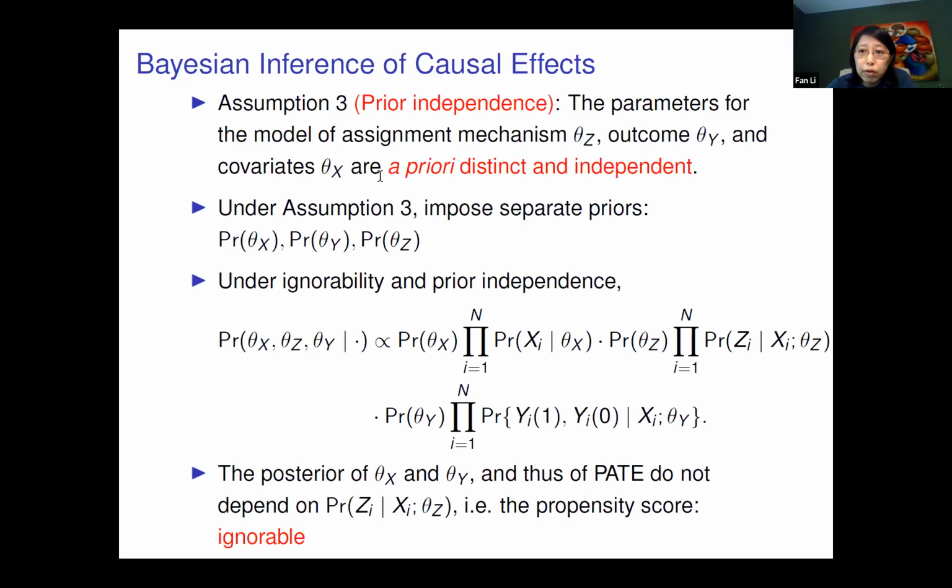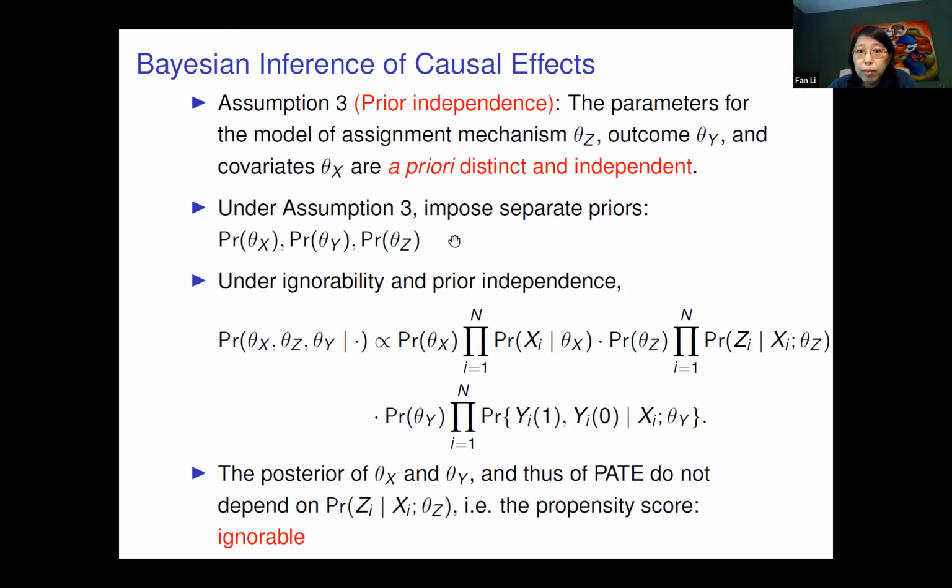This looks like a very minor assumption in my view. It turns out to be actually quite important, particularly in high dimensions. This can introduce some undesirable or unintended consequences. We'll talk about that later. But for now, let's assume prior independence.